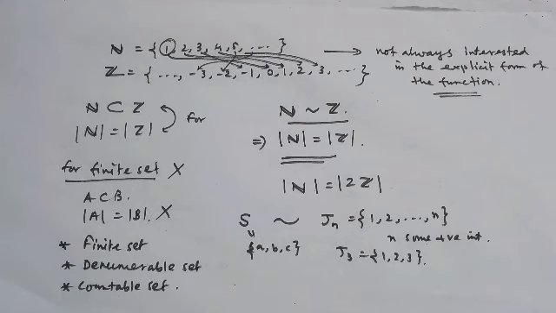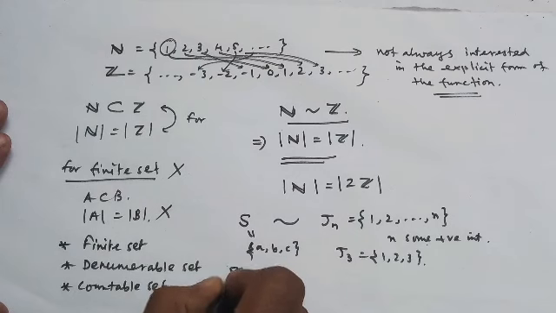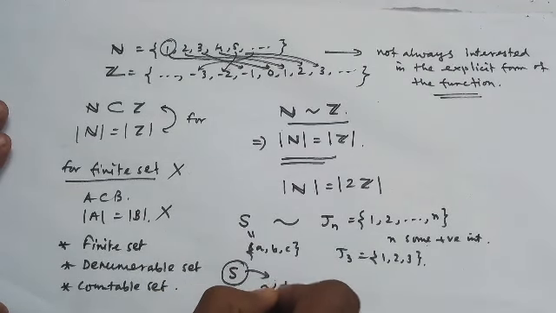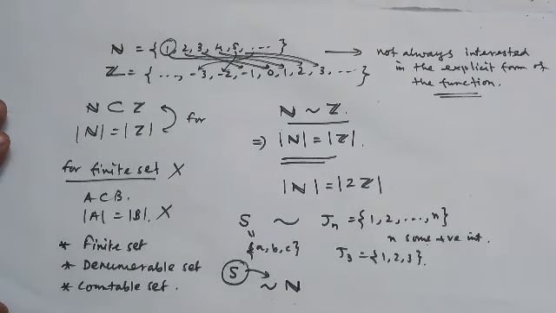For the case of a denumerable set, suppose S is a set and we call it a denumerable set. In that case, S should be equivalent with N. That is, a one-one onto correspondence should exist between the set S and N. That is a denumerable set.